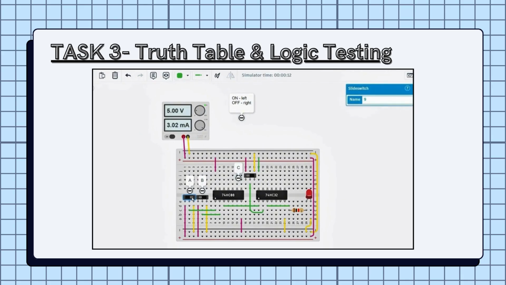The LED lights up only when both A and B are on together or whenever C is on. This confirms that the combination of AND gate and OR gate works correctly to process the inputs and control the LED outputs.